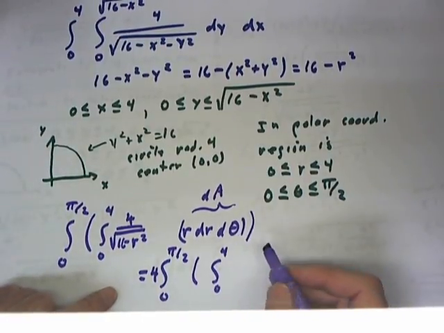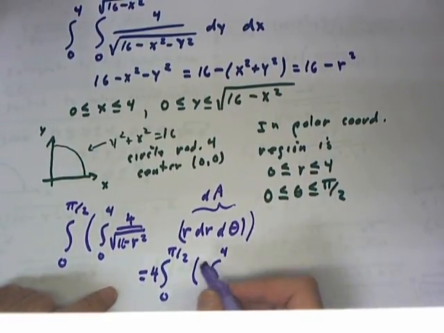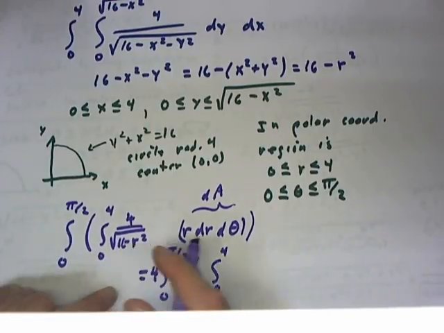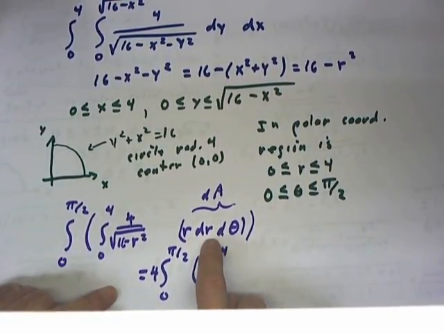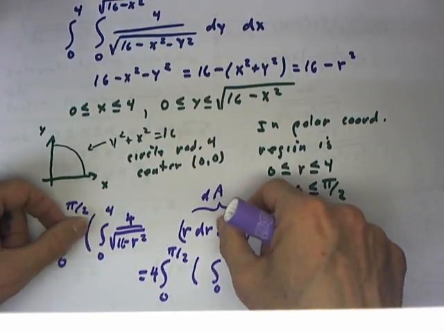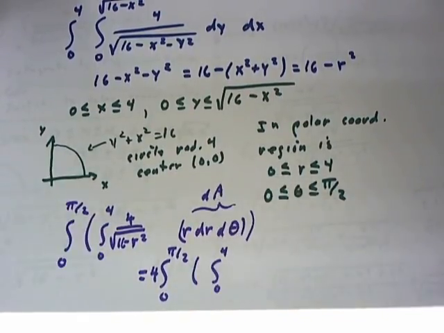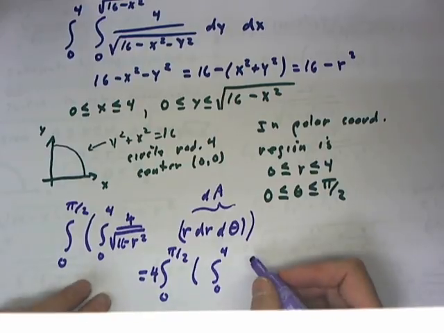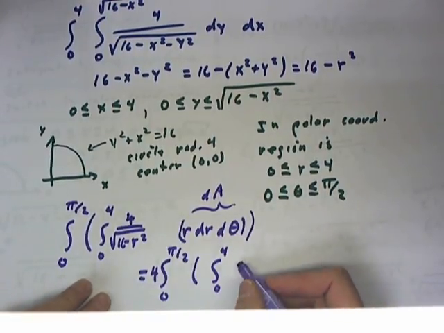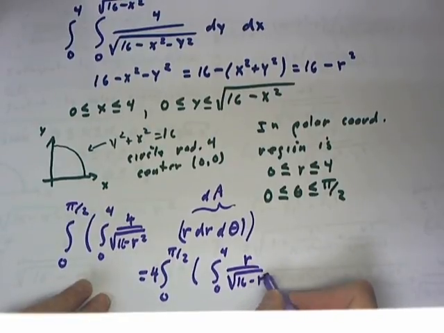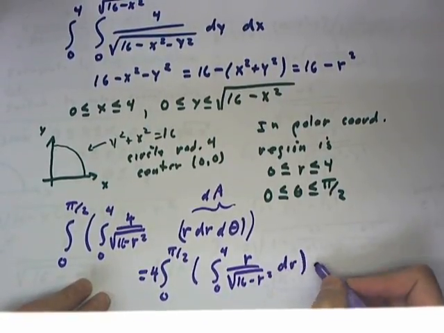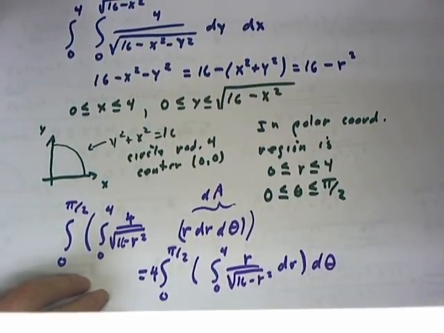So we have the integral from 0 to 4 of 4 over the square root of 16 minus r squared times r dr. This is going to be the integral with respect to r, so all of our r terms have to be represented within this integral. So putting that together, we have r over the square root of 16 minus r squared dr d theta.